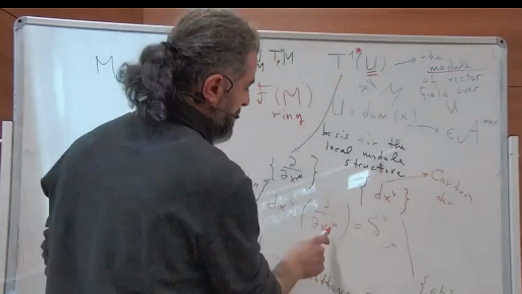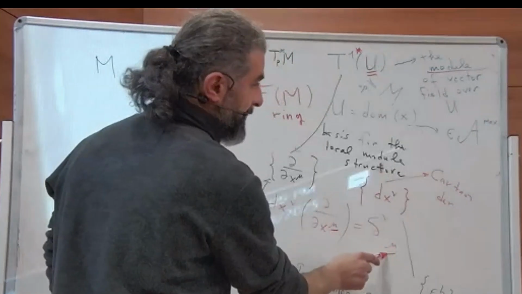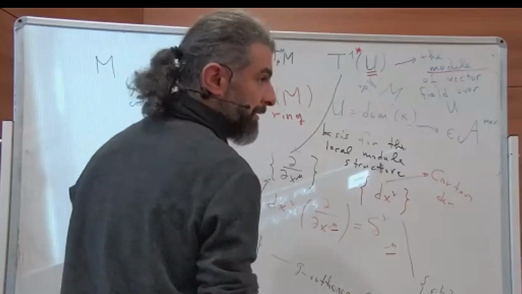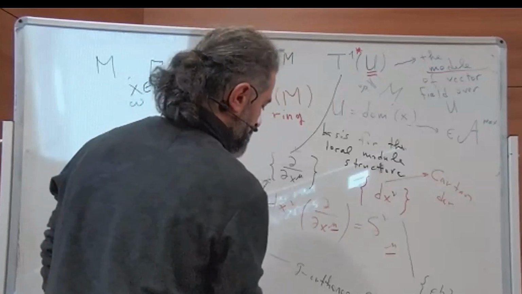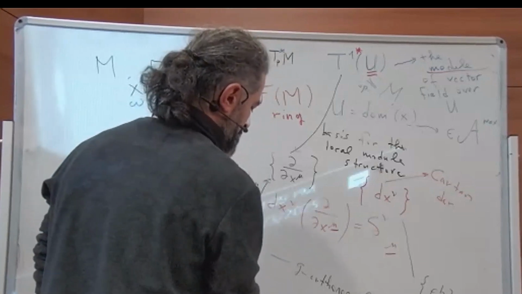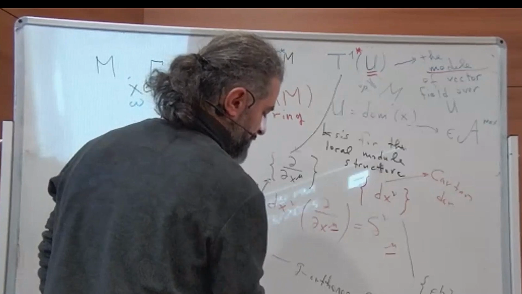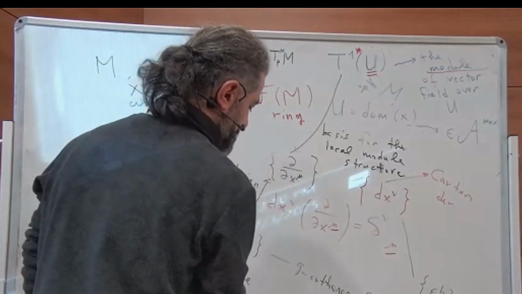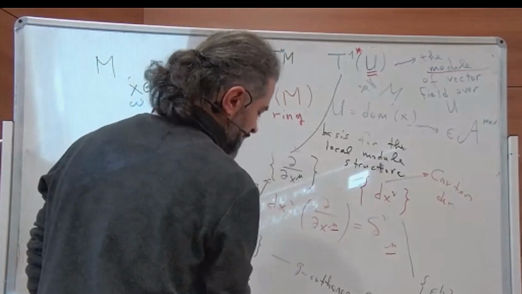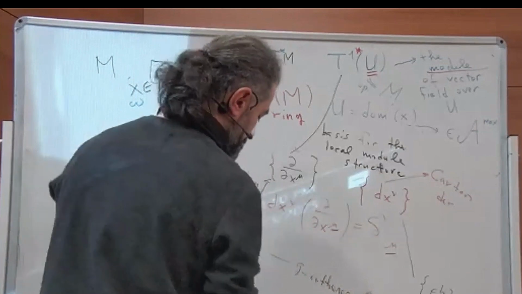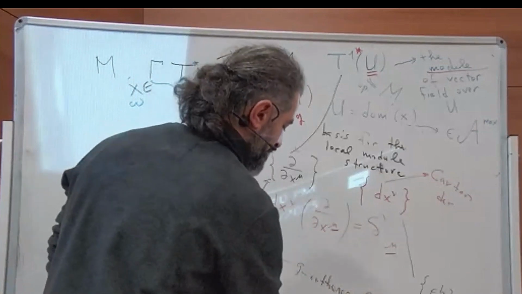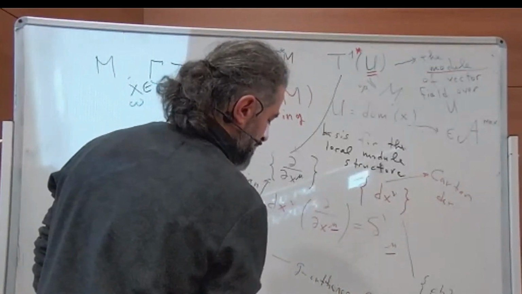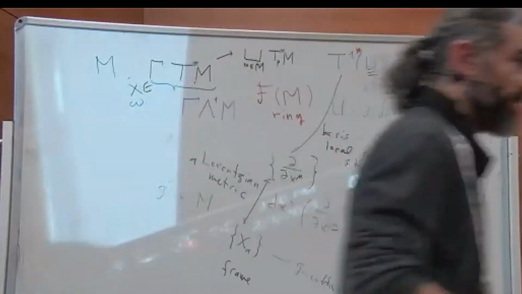So these mu's were labeled space-time indices. These are Lorentz indices. In the 4-dimensional case, if M is a Lorentzian manifold in 4 dimensions, these will be 0, 1, 2, 3, and also A, B run from 0 to 3.